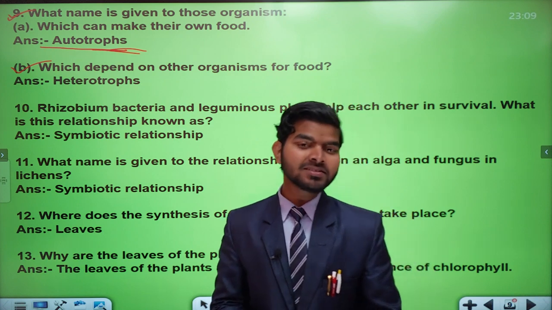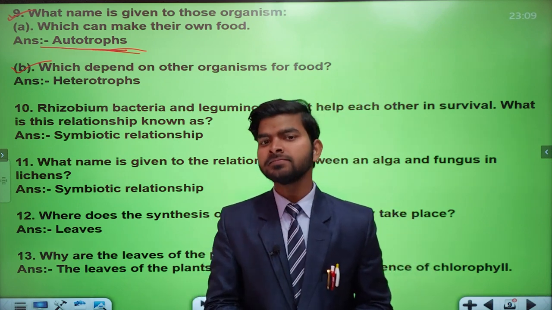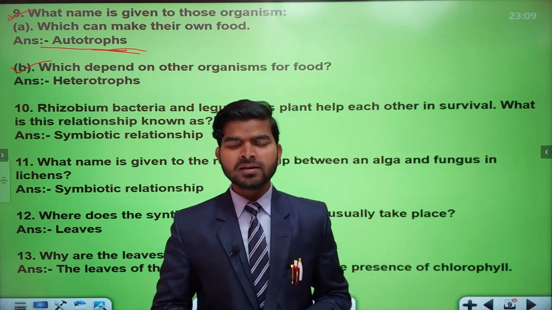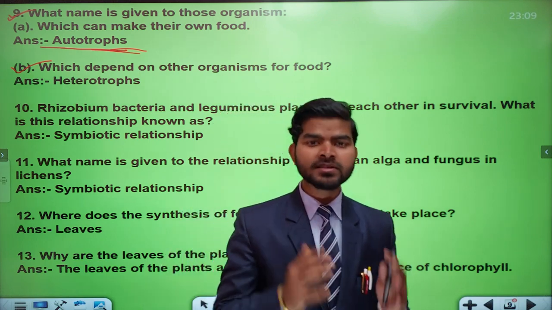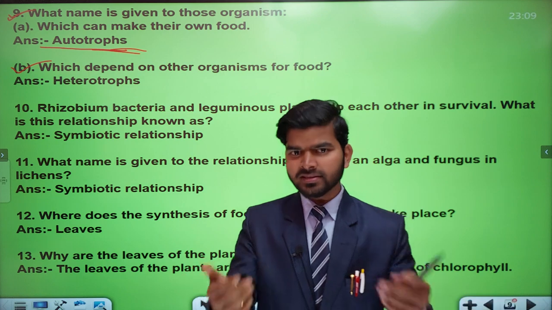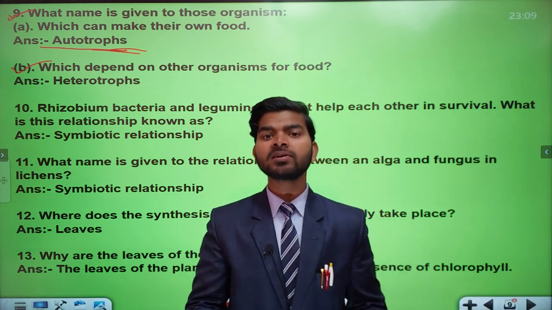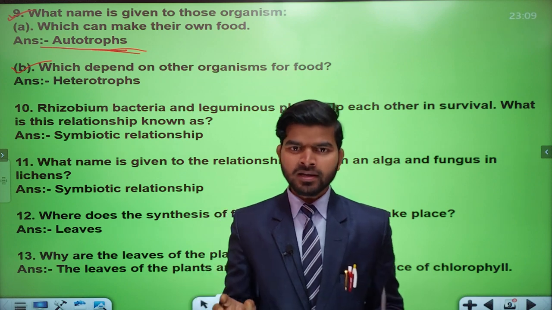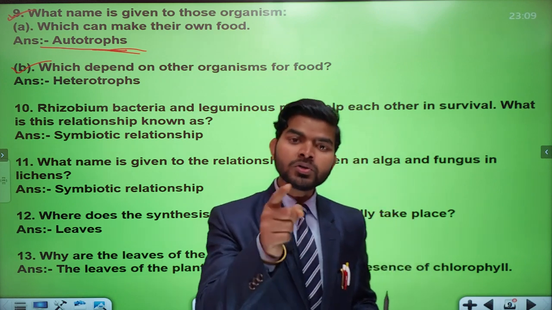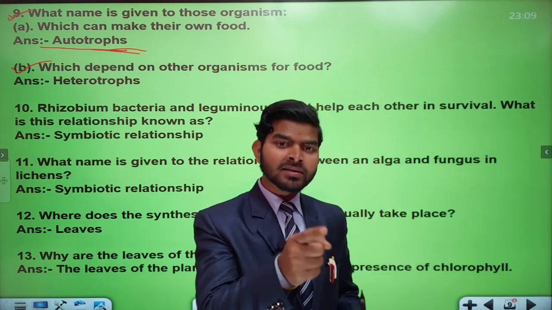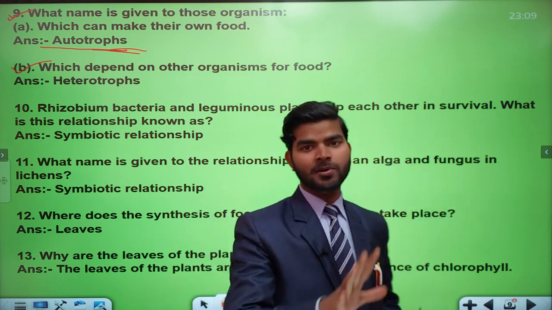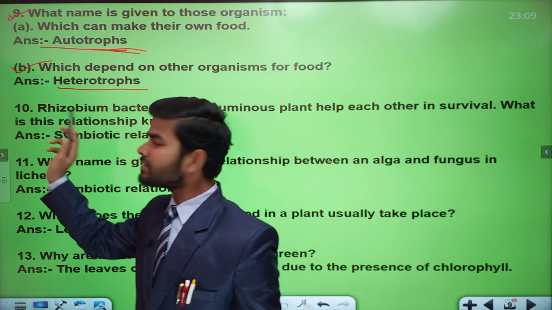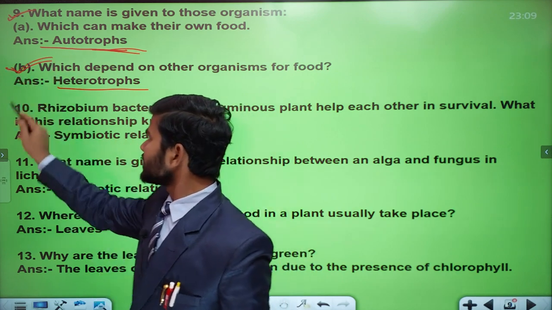Those organisms which cannot make their own food follow heterotrophic nutrition, and these organisms are called heterotrophs. So the correct answer is heterotrophs. This question is completed.